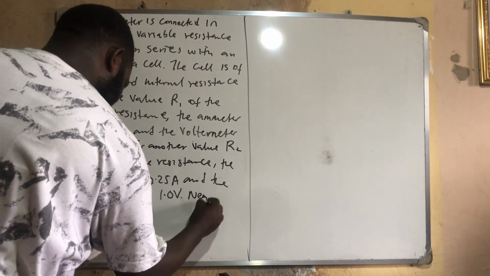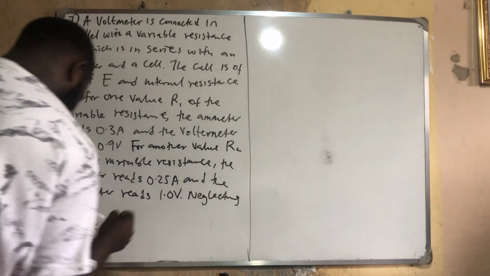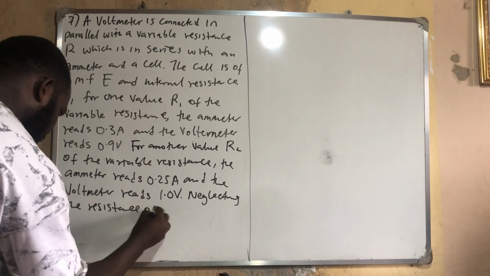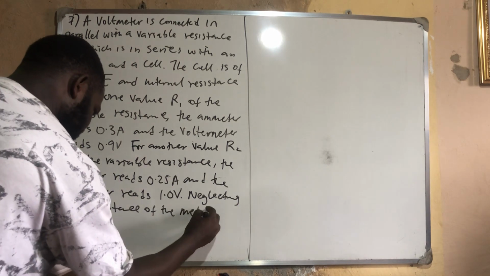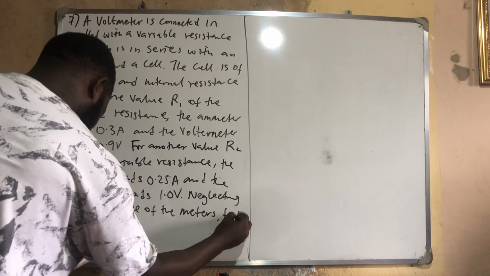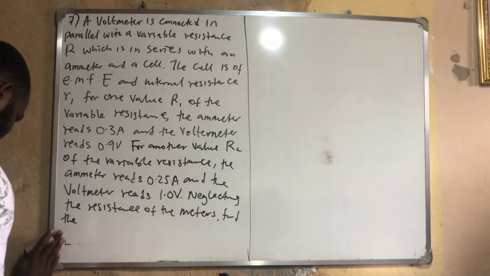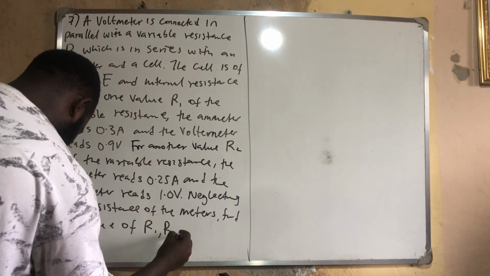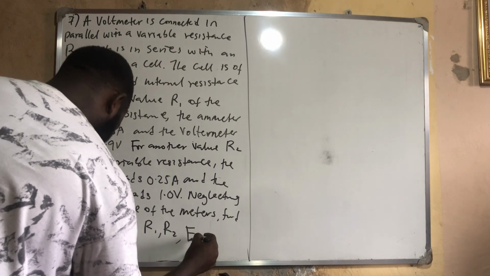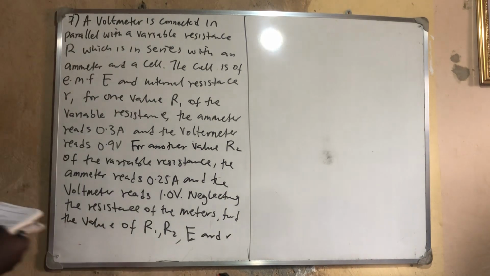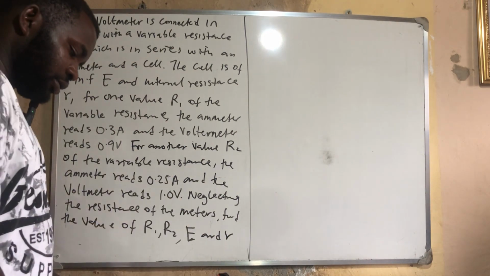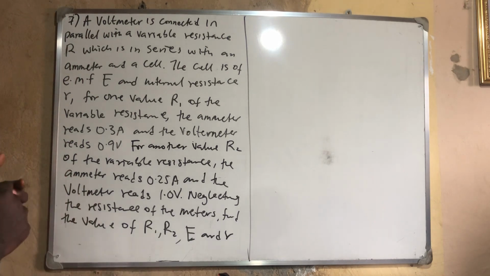Then I say, neglecting the resistance of the meters, find the value of R1, R2, E, and your small letter r. So this is your assignment. Drop your answer in the comment section.